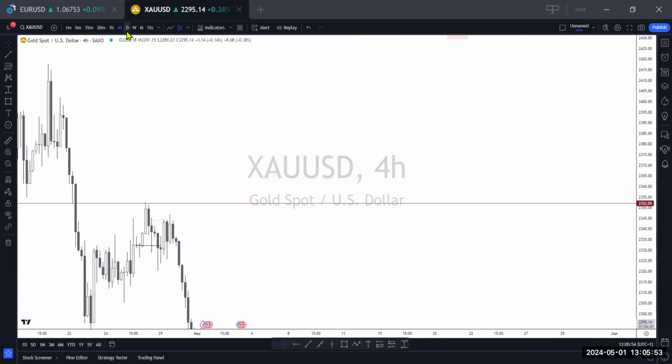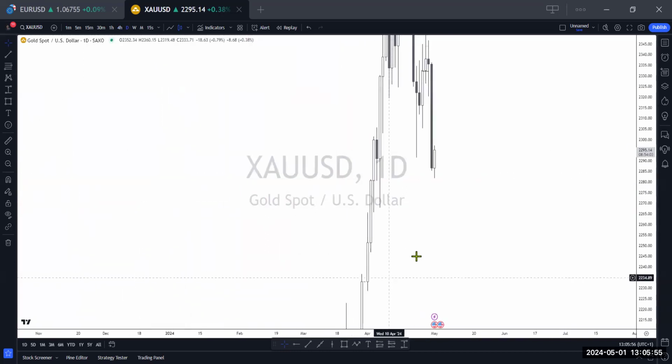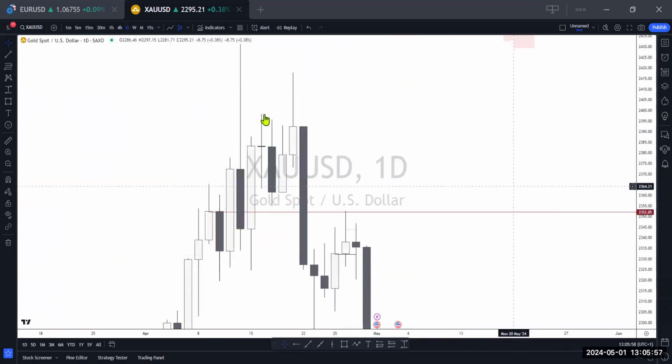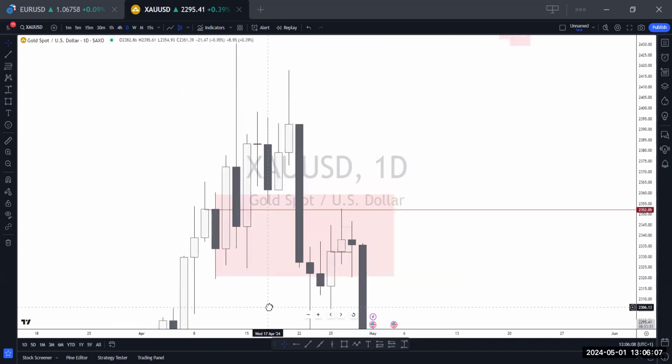And what do I mean by that? See, on the daily, why did we start looking for sales when price came back here? See this engulfing. All these guys got broken. This big engulfing got broken.